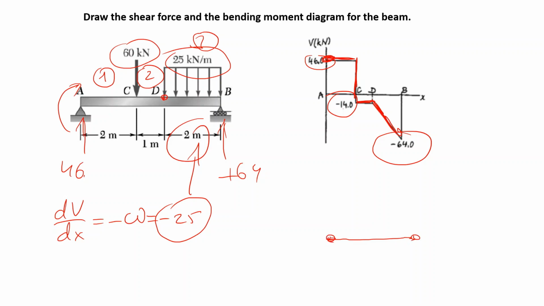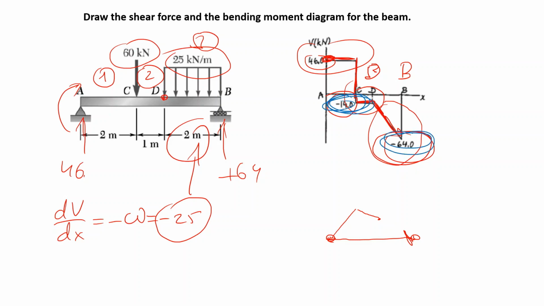0 in pin A, a slope plus 46, and then a slope of minus 14, and then a slope which starts with minus 14 and ends with minus 64. In region from D to B, the slope is at the beginning minus 14 and at the end minus 64.